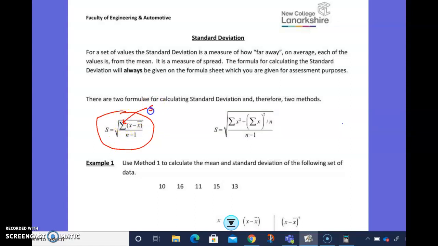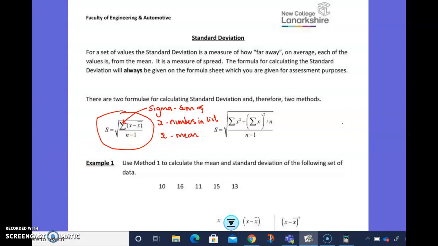This here is a Greek letter. It's called sigma, and it just means the sum of. So it means add them all up. X is your numbers in the list. X bar is the mean.